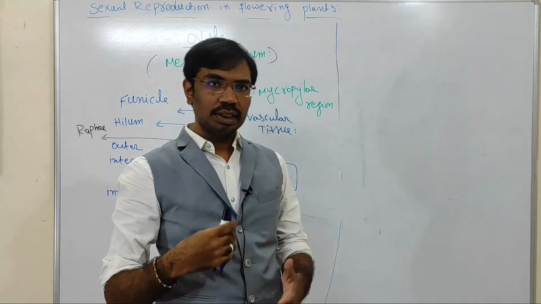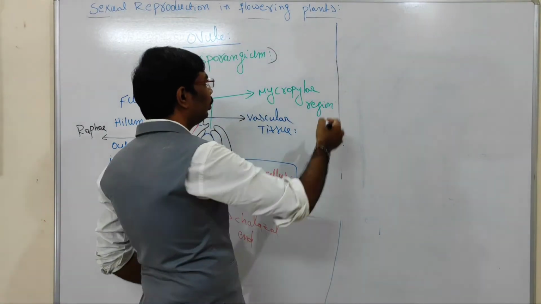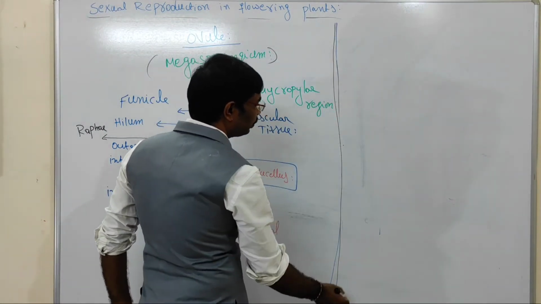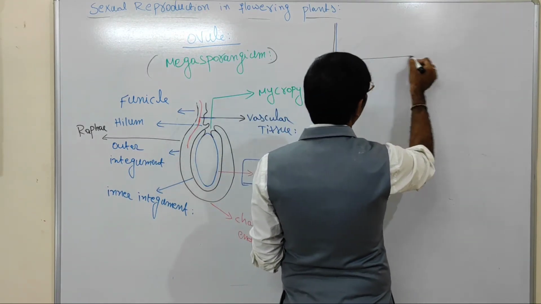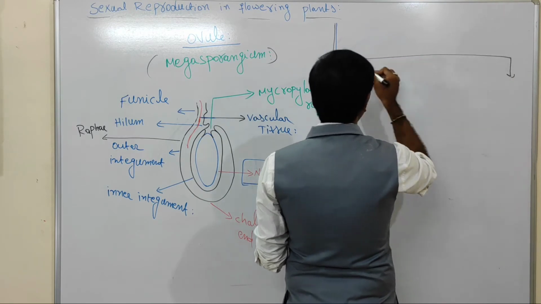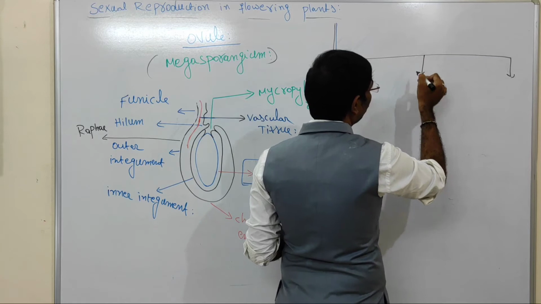So based on the presence, absence or number of integuments, ovules are classified into three types.